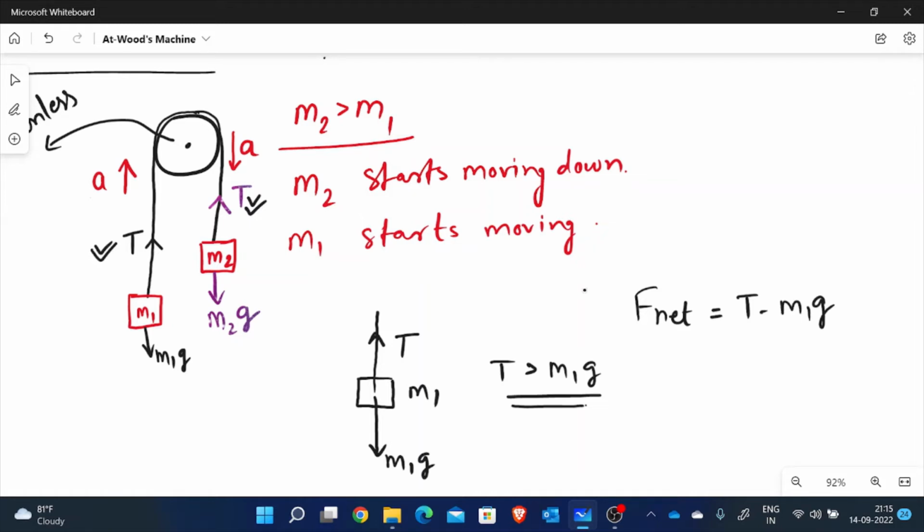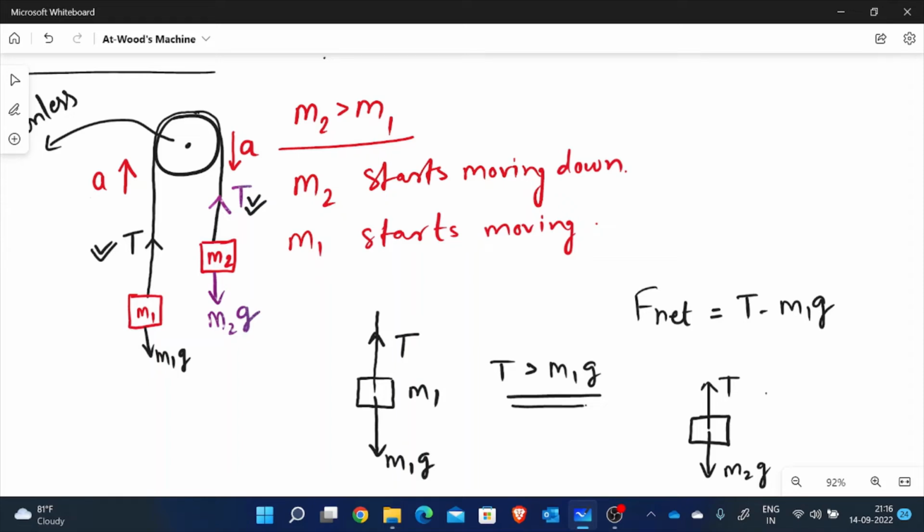Similarly, now if we try to draw the free body diagram for M2, we can do it like this. First of all, M2G is downward, then the tension is up. This is tension.